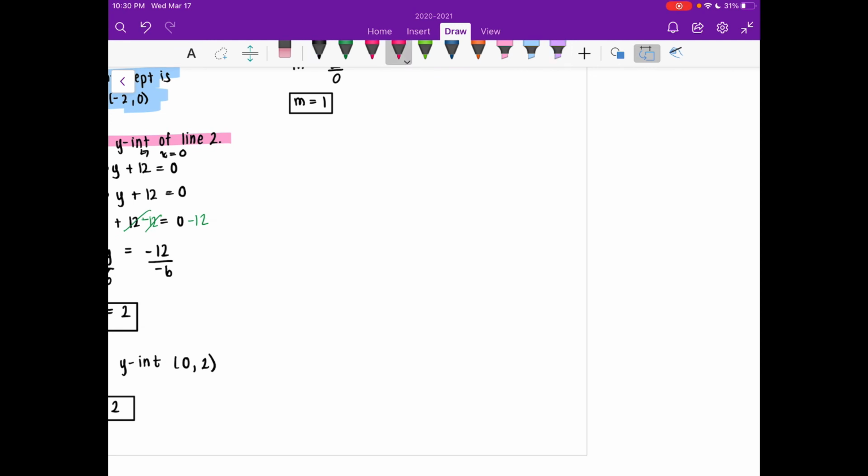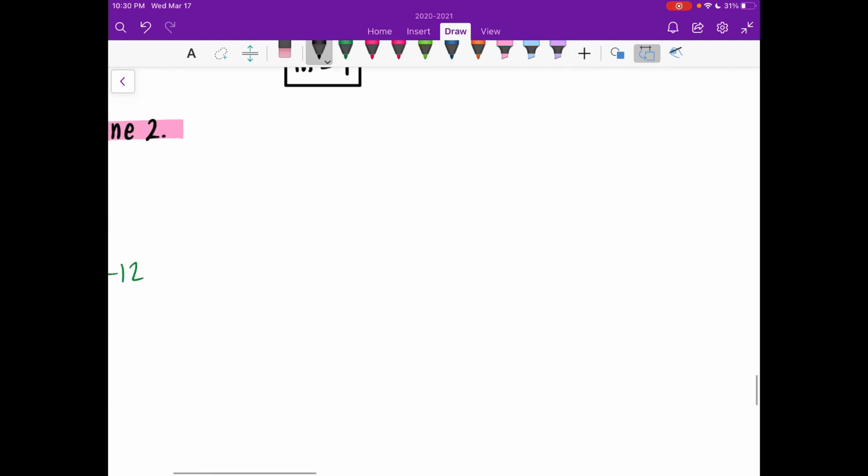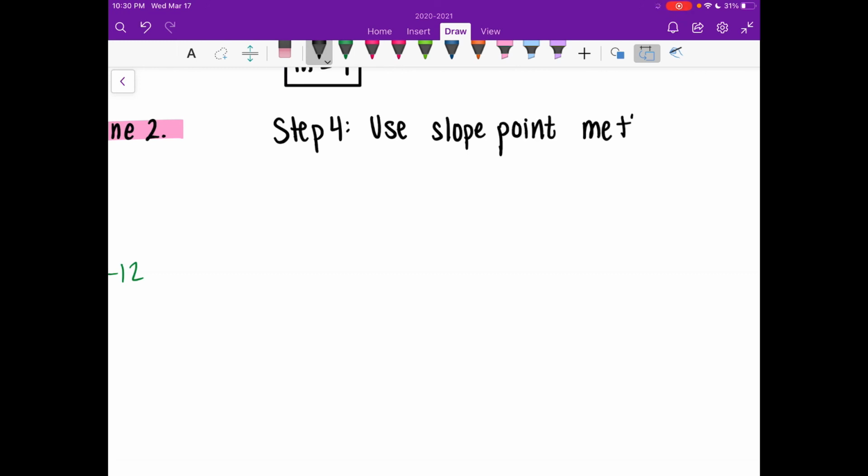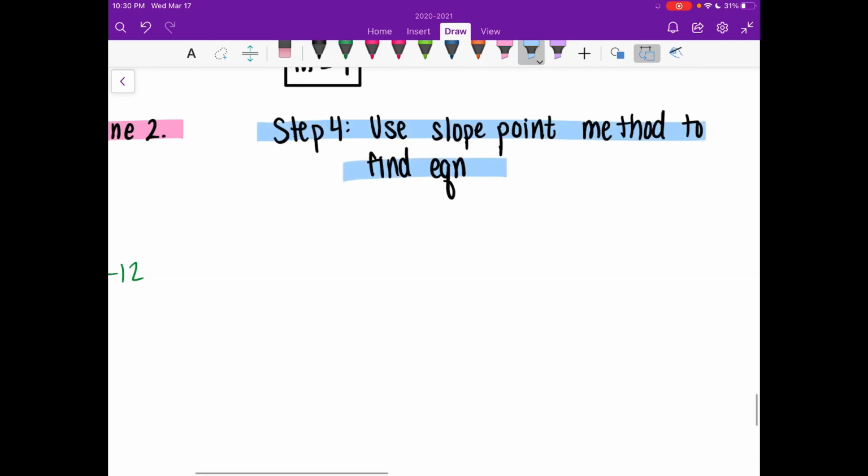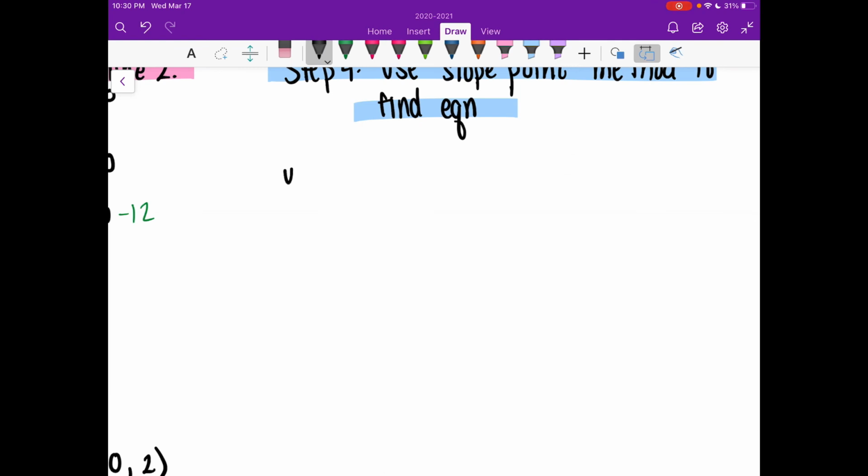So here I'm going to write step 4: use the slope-point method to find the equation. And then we'll do the other ones, and I'll show you how to do them. Okay, so let's do y minus y1 equals m times x minus x1.